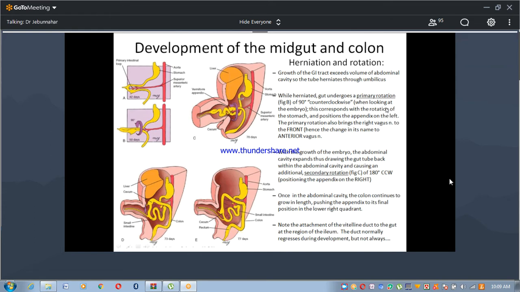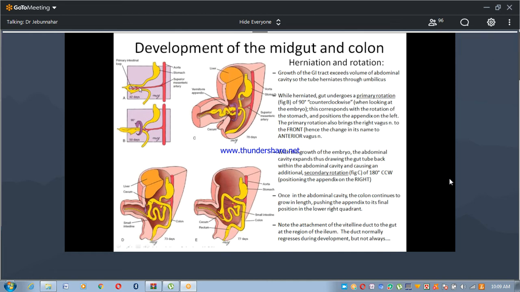Okay, we have mostly covered development up to the spring. Today let's look at the rotation, how that rotates. Therefore, the development of the midgut and colon. Here in the figures, the growth of the GIT exceeds the volume of the abdominal cavity, so the tube herniates through the umbilicus.